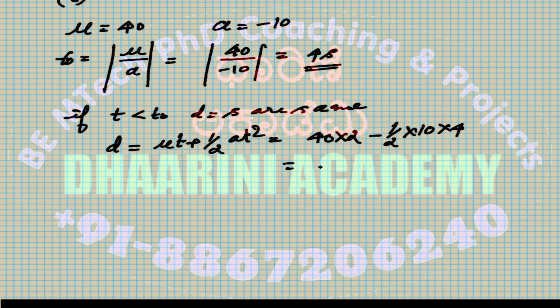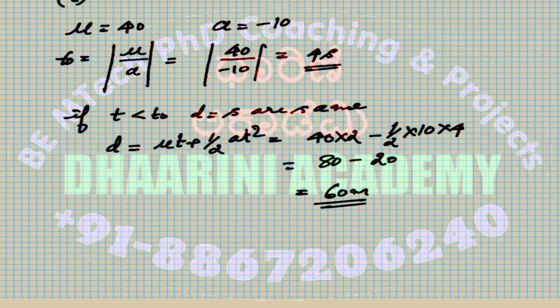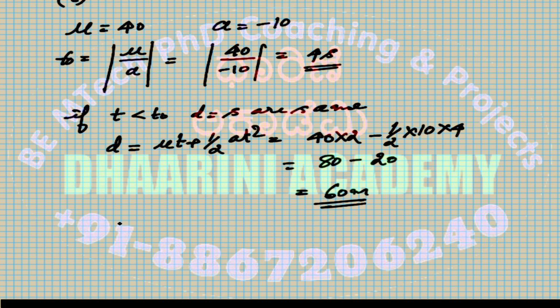So that is 80 minus 20, which is 60 meters. This is when t equals 2. Distance and displacement are the same.